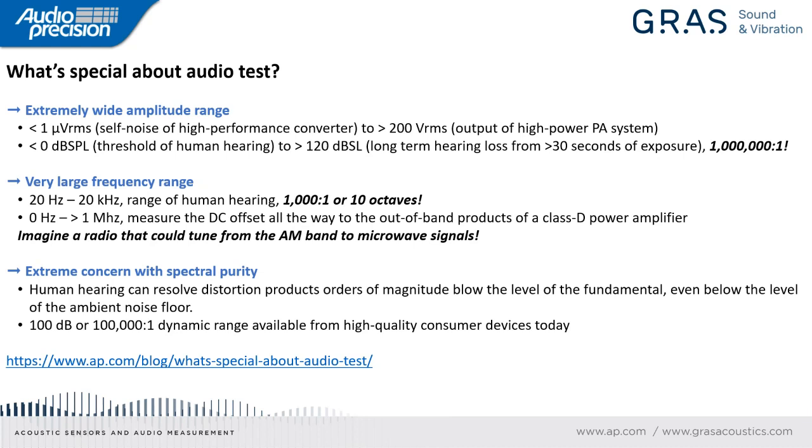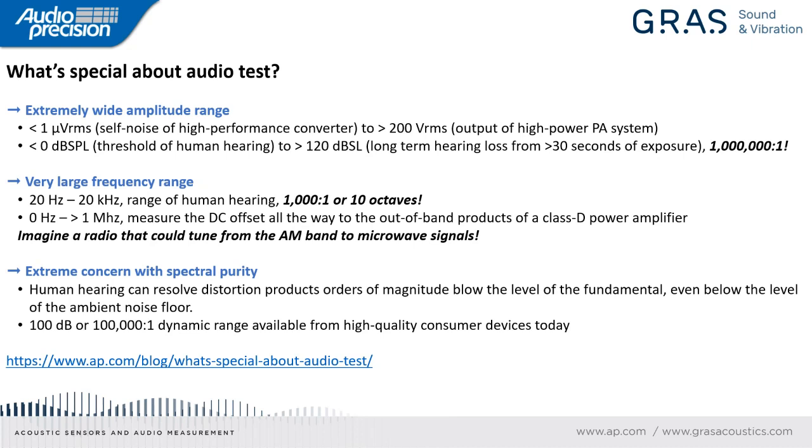So the idea of addressing 10 octaves is quite challenging. And then when we get to actual measurements, as a practical matter, we typically want to look at everything from DC, so offset voltages in converters and power amplifiers, all the way up, essentially.